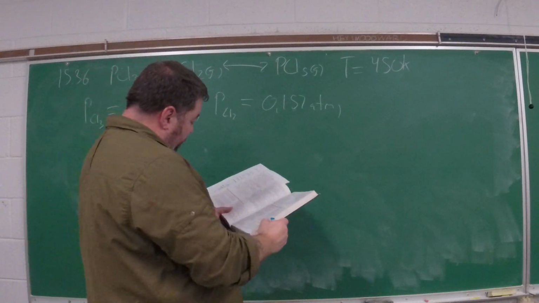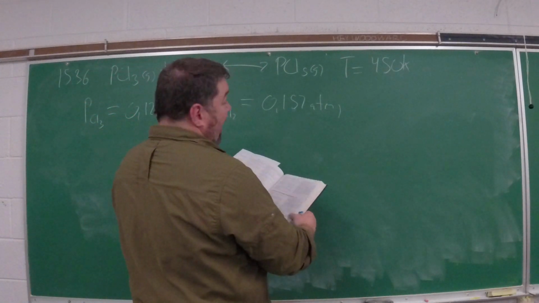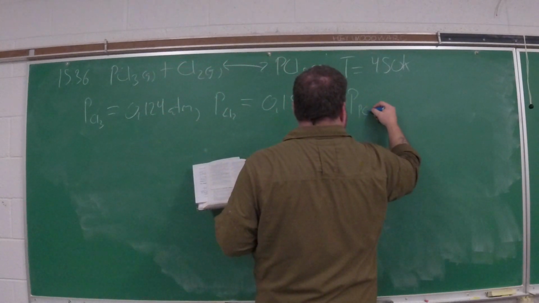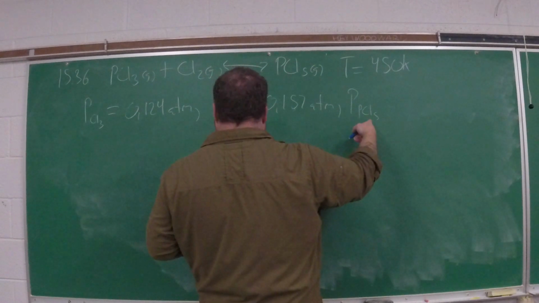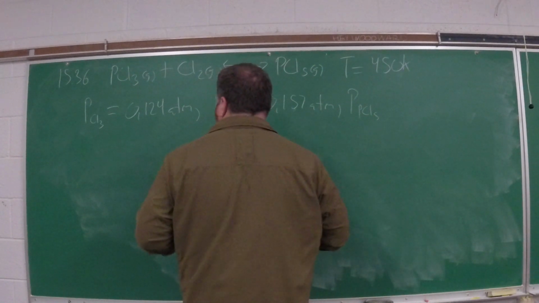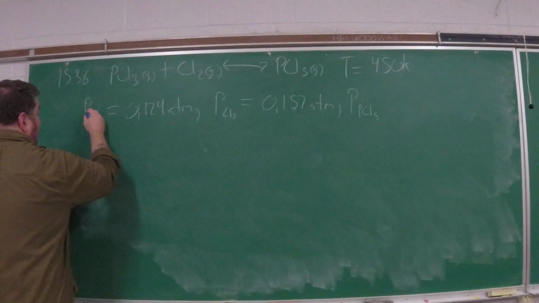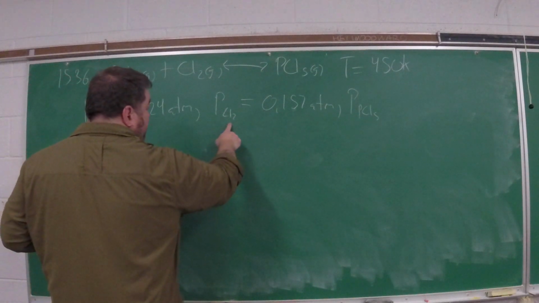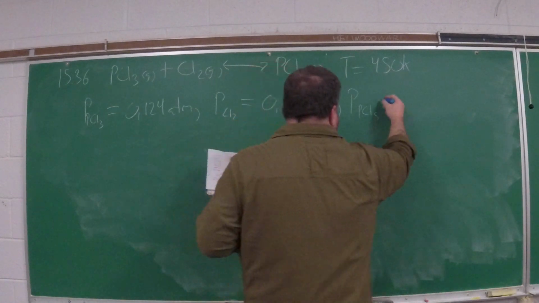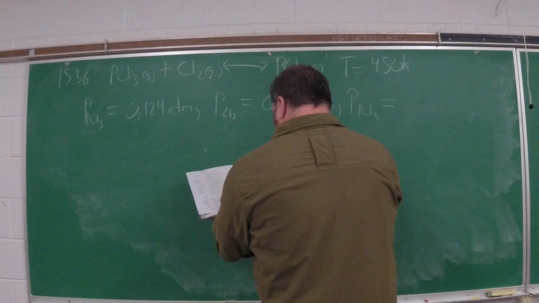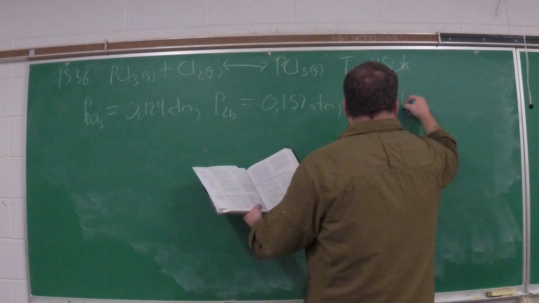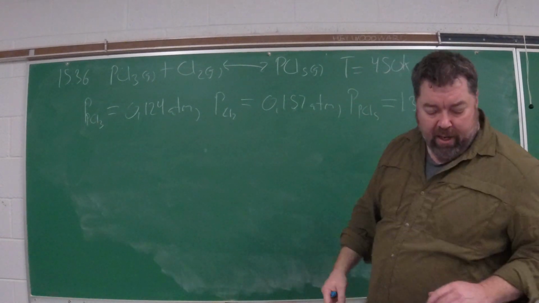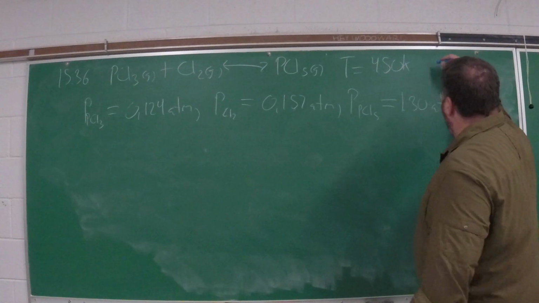And PCl5, sorry. It's supposed to be a little P on there, right? Partial pressure PCl3, partial pressure Cl2, partial pressure PCl5. At equilibrium, this is 1.30 atmospheres.